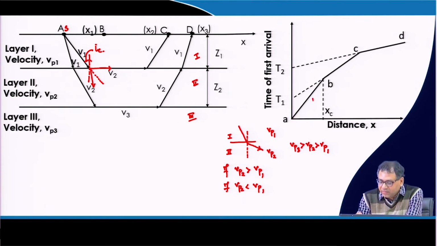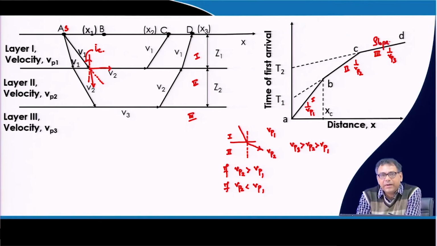This is the layer 1 velocity, this is the layer 2 velocity, and this is the layer 3 velocity. The slope of this curve will give us 1 by the velocity of each layer. This slope is 1 by Vp2, this is 1 by Vp3. This way I will get the velocity of each layer.